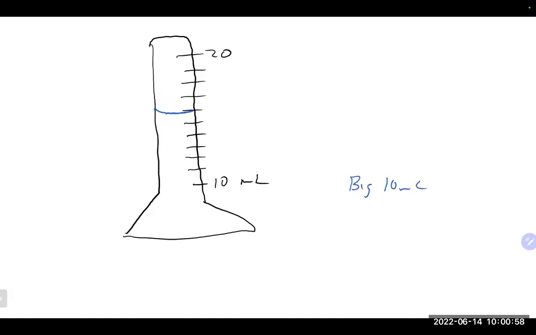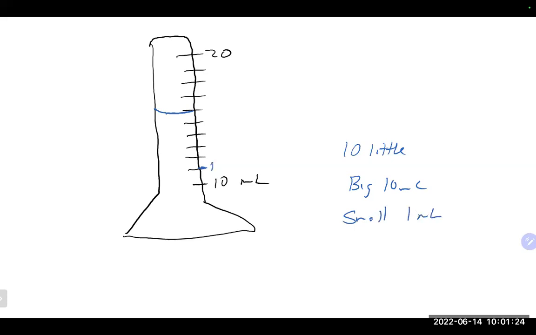If we start counting at this spot right here and go to the 20, there is 1, 2, 3, 4, 5, 6, 7, 8, 9, 10 little markings, right? That means in this particular case, each of the smallest markings represents 1 milliliter.